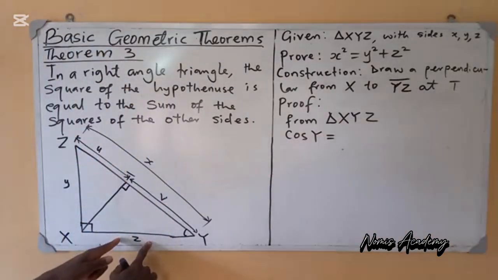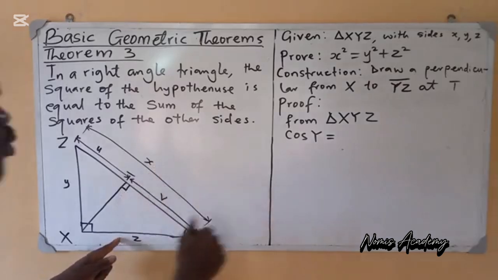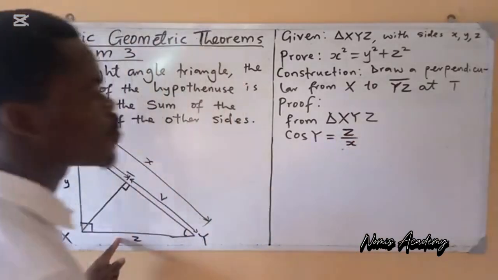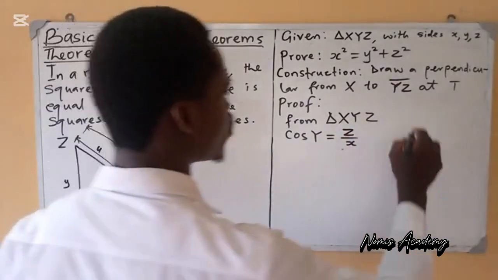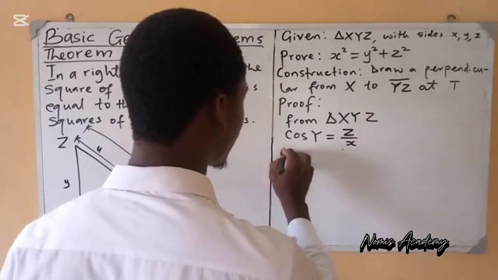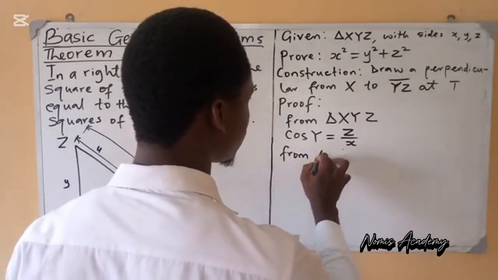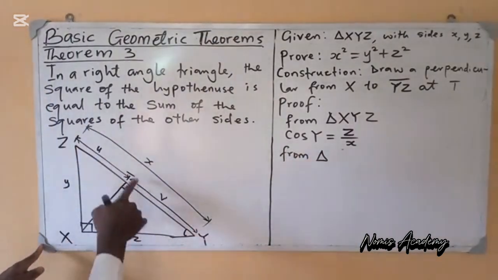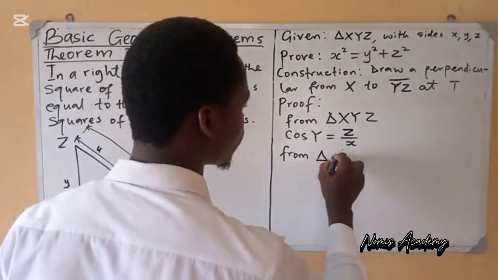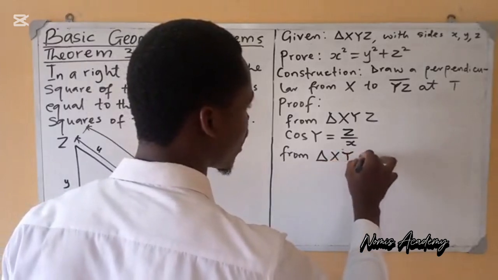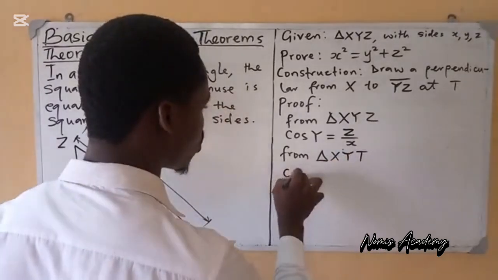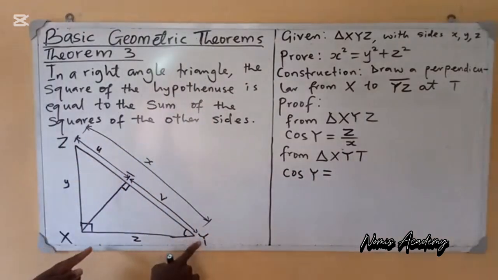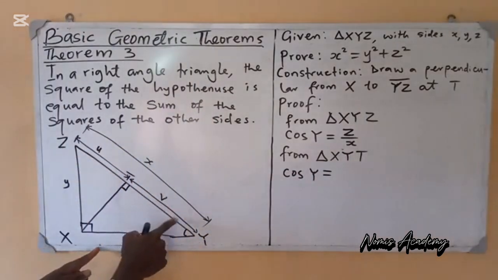Now this is the adjacent and this is the hypotenuse, which is Z over X. Also, from triangle XYT, cos Y is equal to, in this case, V is now the adjacent.